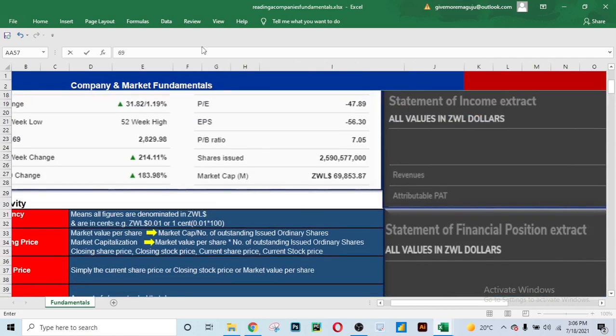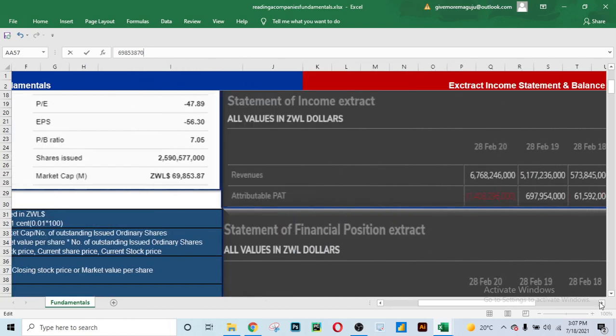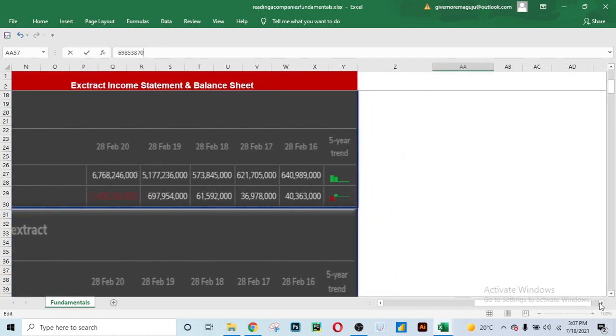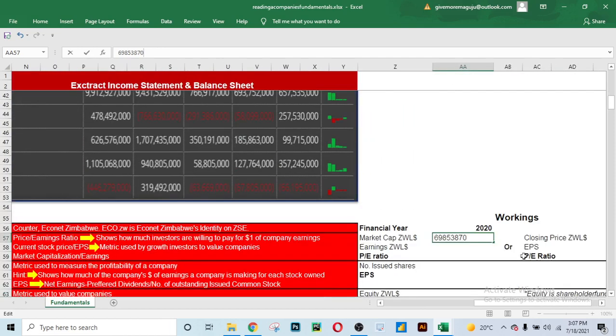Okay, so 69,853.87, because I multiplied it by 1000. Remember, this is in millions, so to change this to millions, you multiply by 1000. That's what I did. Okay, so let's come back here. Perfect. Cool. Right, let's look at the earnings.